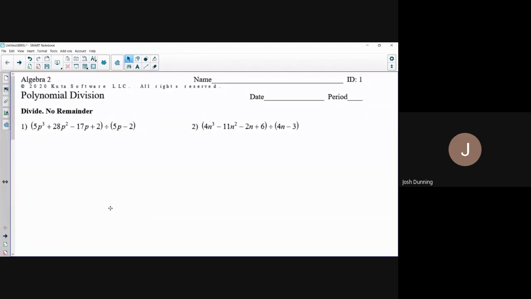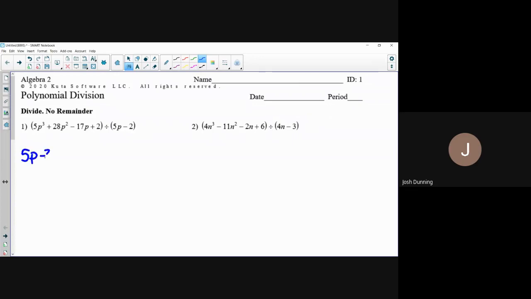All right, polynomial division. Now, this is going to work like regular long division, at least a little bit. I know that's probably going back quite a ways, but we'll try to remember how that works.